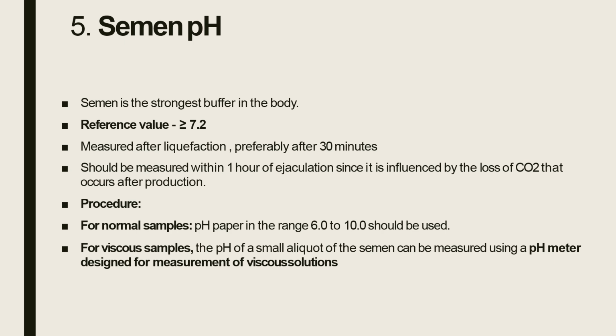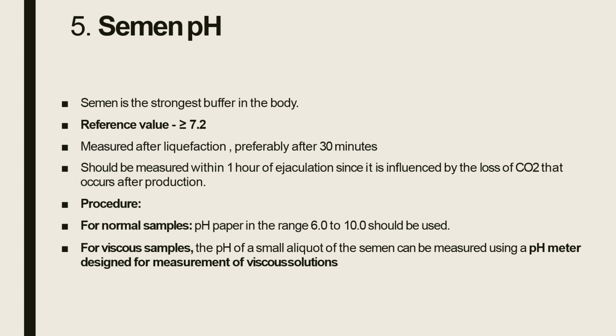So semen is the strongest buffer in the body, and its reference value is equal to or greater than 7.2. So it should be measured after 30 minutes of liquefaction, and should be measured within 1 hour of ejaculation. It could become more basic when carbon dioxide releases from the sample.